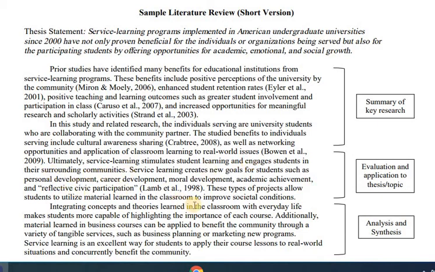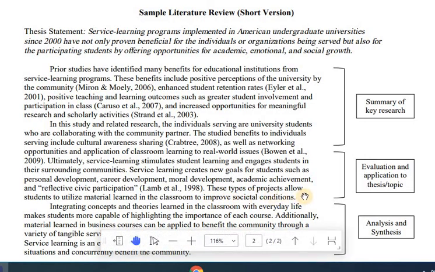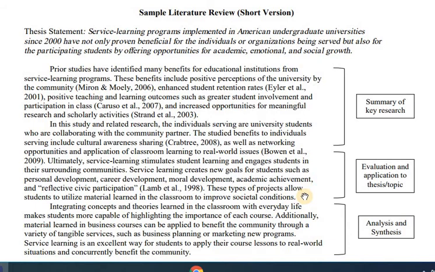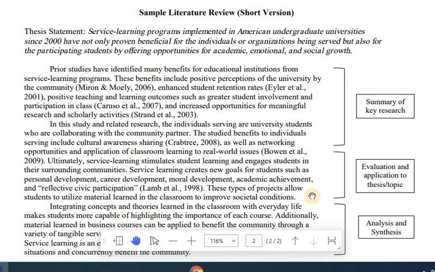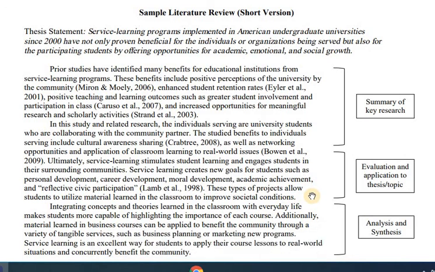Now, with this part here, these types of projects allow students to utilize material learned in the classroom to improve social conditions. So this sentence shows that you're trying to evaluate and assess this idea: what do these factors lead to? What does it stand for? So this last part was analysis.